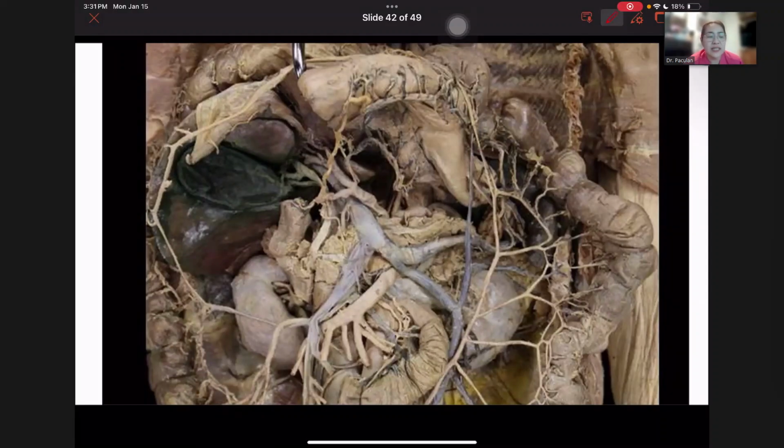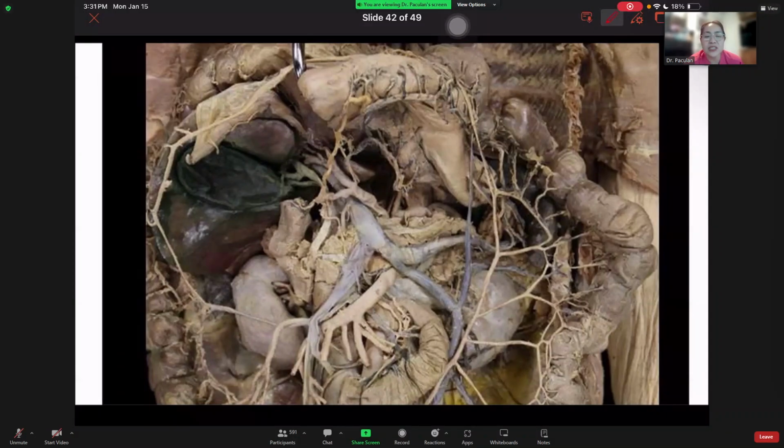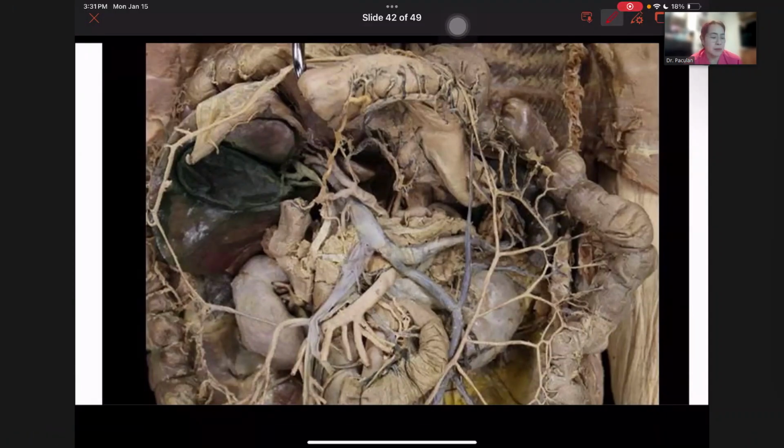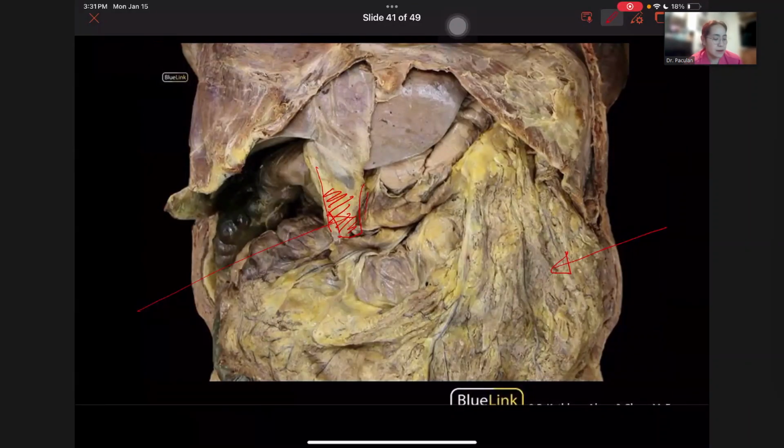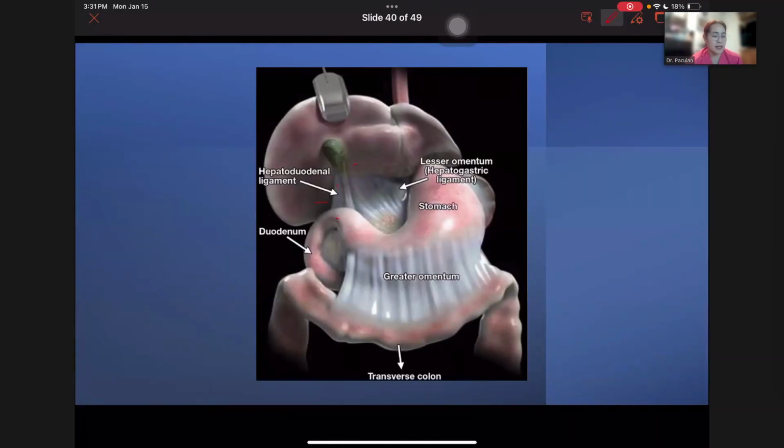It communicates with the greater sac by the epiploic foramen, the epiploic foramen of Winslow, which is known as the general cavity of the abdomen that sits within the peritoneum but outside of the sac. You can see this foramen over here.